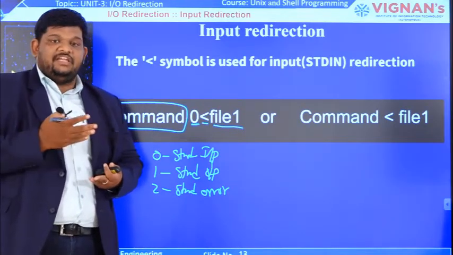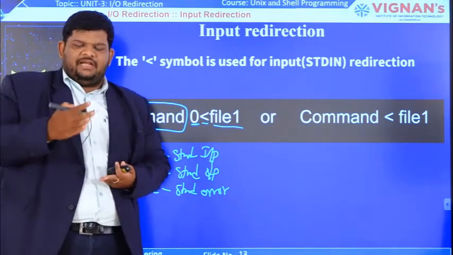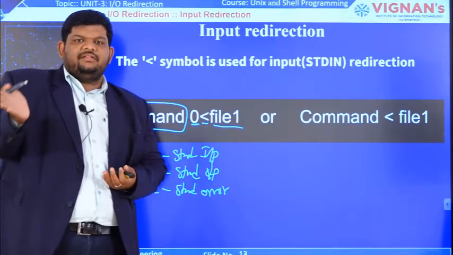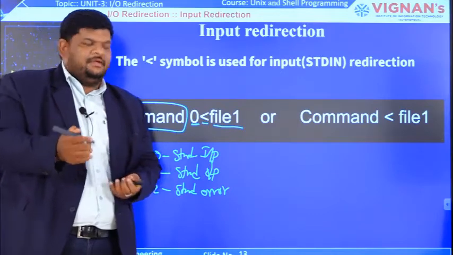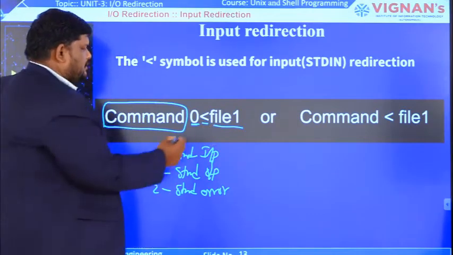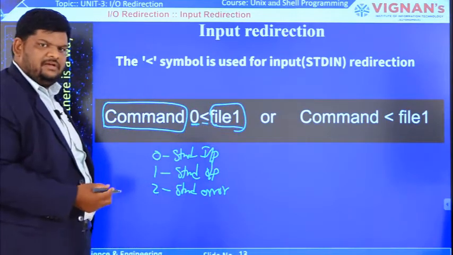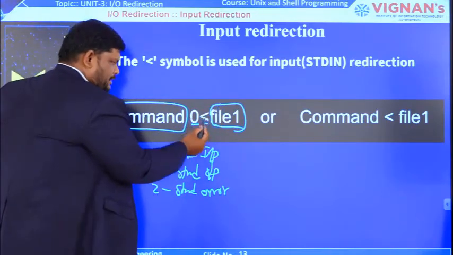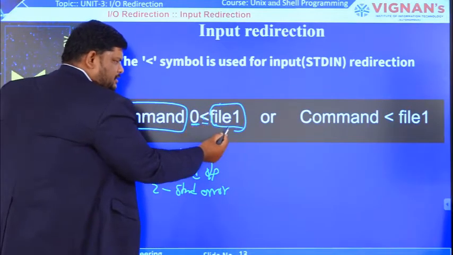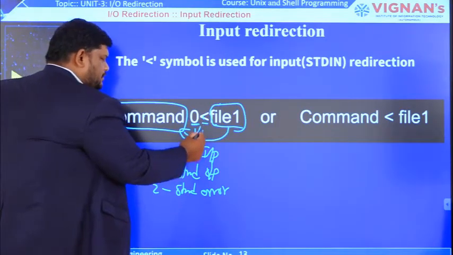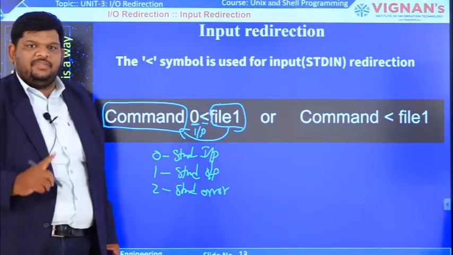Now this input redirection indicates that rather than the standard input device, the keyboard, we are providing a file. Through whatever file name we mention here, we provide input to this command, not from the keyboard.